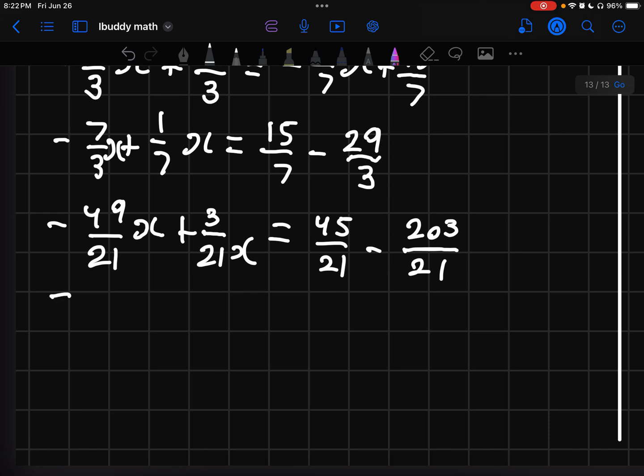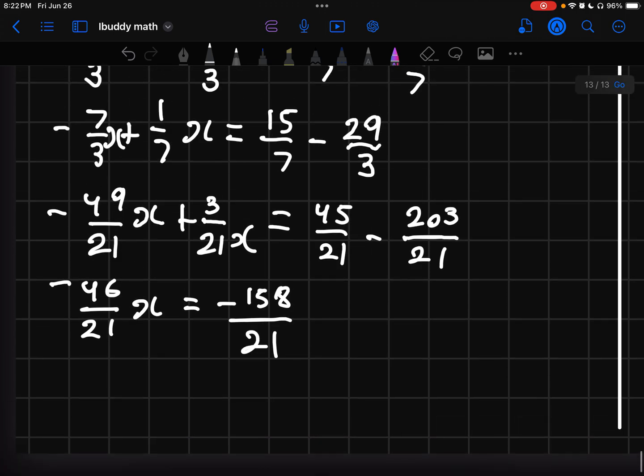negative 46 over 21x is equal to negative 158 over 21. So then we can cancel the denominators out since they're both the same.